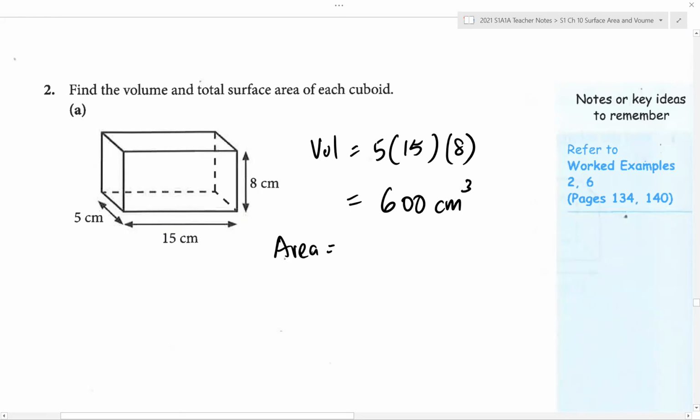How much? 15 times 8 times 4. Are you sure the bottom is also 15 times 8?